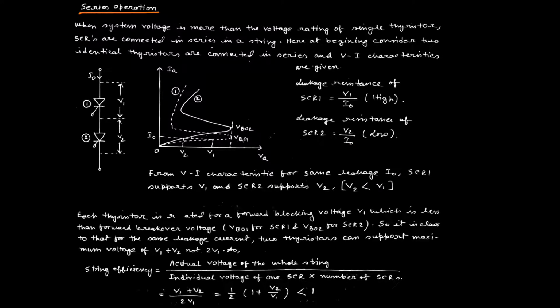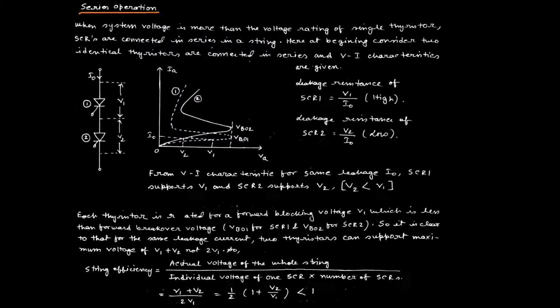Normally we assume the first SCR has a high resistance path, and the second SCR has the low resistance path. That is why, considering the resistivity of these particular SCRs, we can plot these VI characteristics. The dotted line is defined by the SCR1 characteristics, and the straight line is defined by the SCR2 characteristics.